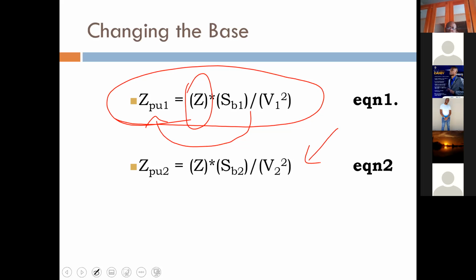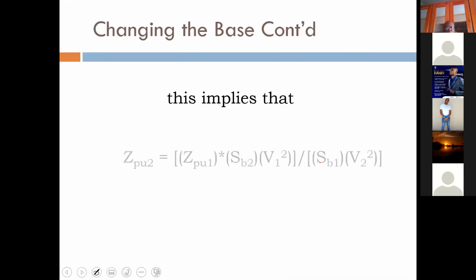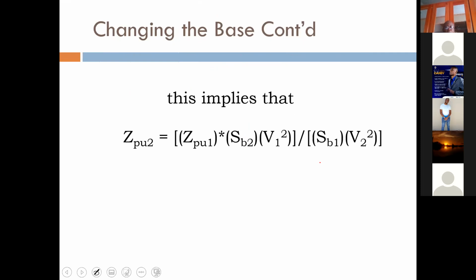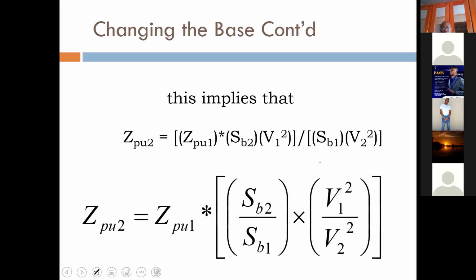Then I'm going to get something that's a little messy, but don't worry, it cleans up after a while. I get this. It looks very messy, but simply put, this is our final equation. So this is your general equation with respect to changing base.